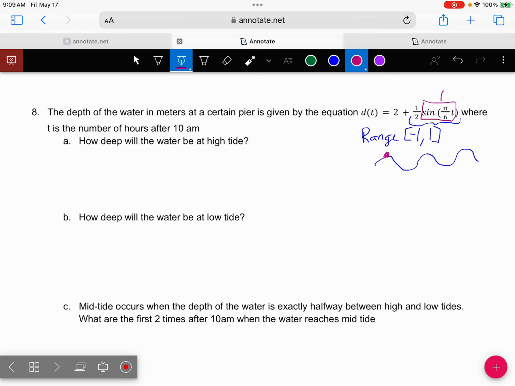So at high tide, where it's at its very highest here, the depth of the water in whatever port this is is 2 plus 1/2 times 1. So how deep will the water be at high tide? 2 and 1/2. Yeah. 2.5 meters.